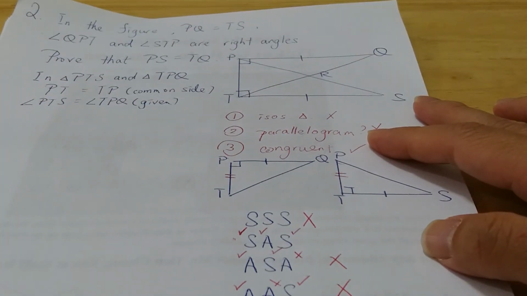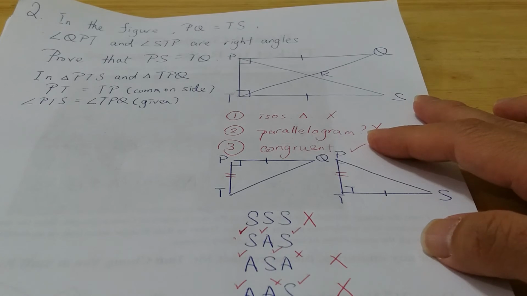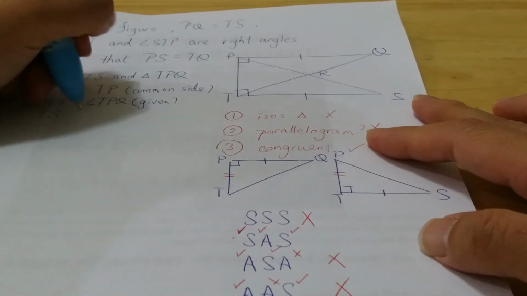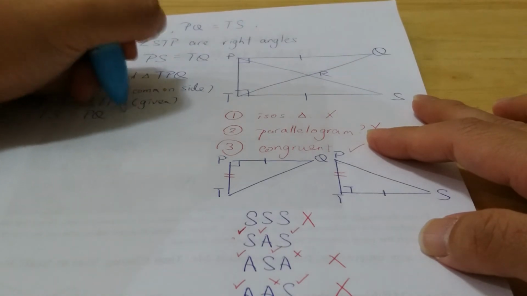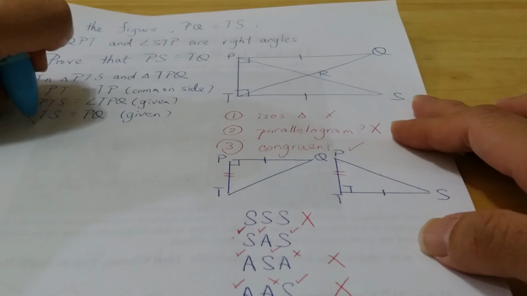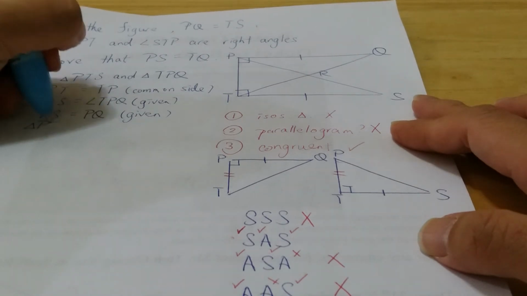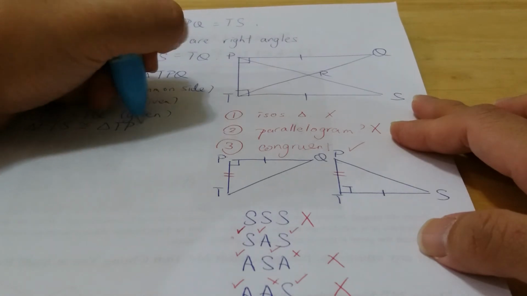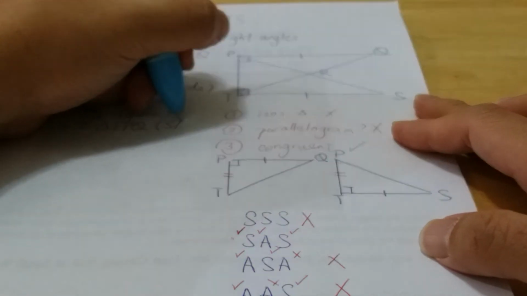Third, TS equals PQ, given once again. So we know these two triangles are congruent: triangle PTS is congruent to triangle TPQ, by SAS.